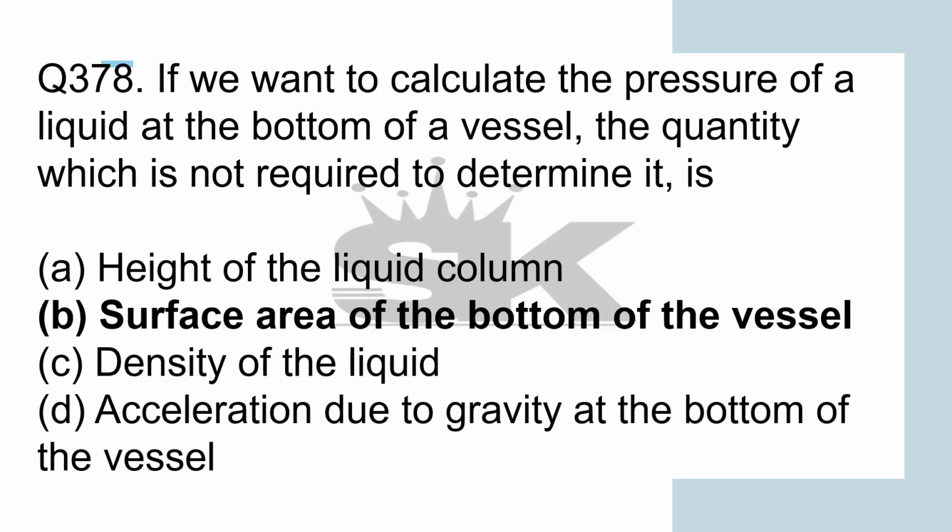Height of the liquid column is a right answer, and the density also. P equals rho g h. Pressure depends on the density, gravity, and height. So the first one is height, density is C, acceleration due to gravity is D. So B, C, D are right, and A is wrong.